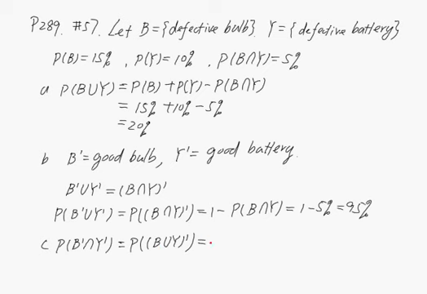Now by rule 6, you have 1 minus the probability of B union Y, and we got this in part A, 55%. So 1 minus 55%, and then you get 45%. Then done.